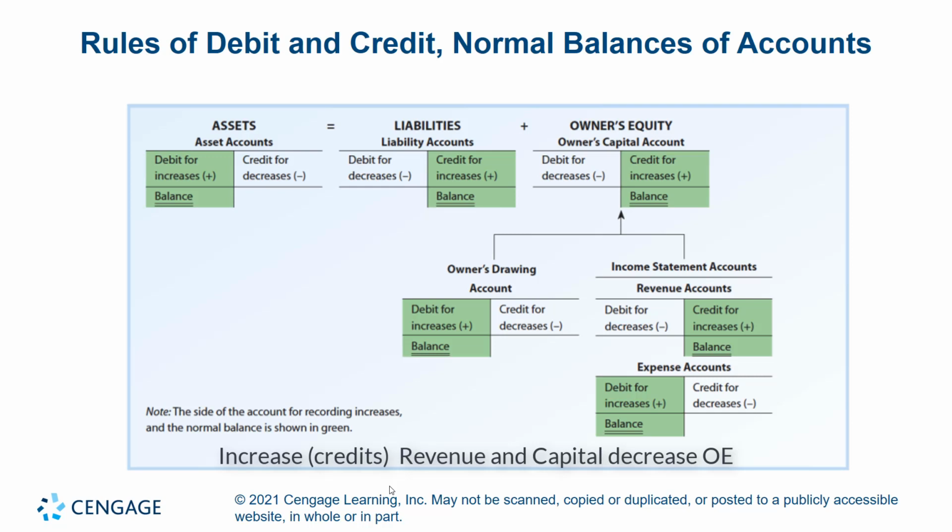Therefore, both revenue and capital increase on the credit side. Okay, so how can you remember all that information? You must spend 15 to 30 minutes, definitely recommend, to study and memorize the concepts of debits and credits. It will go a long way in making it easier for you to learn in this class.